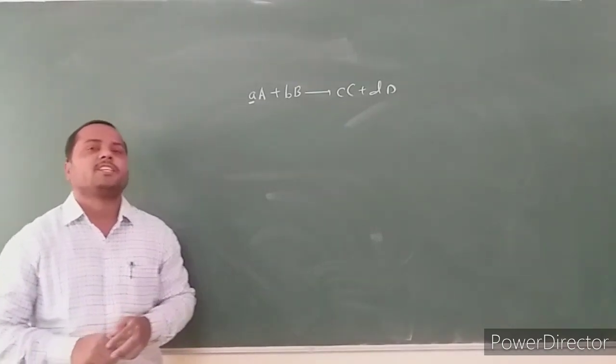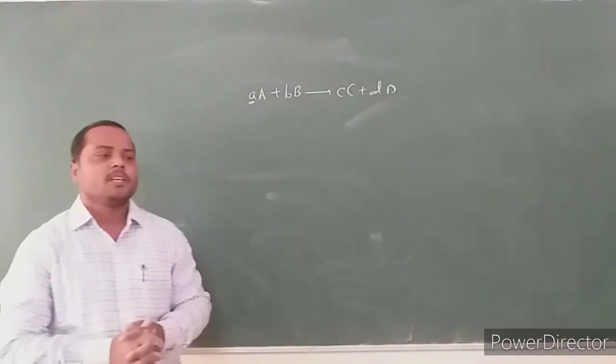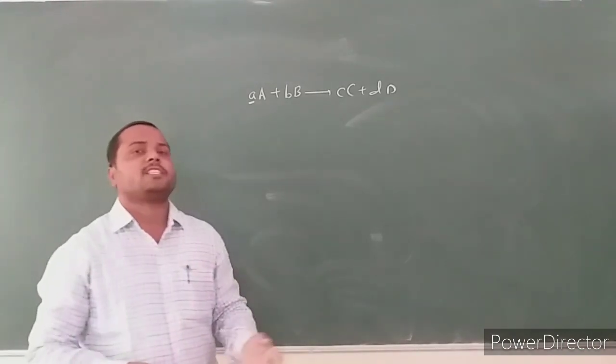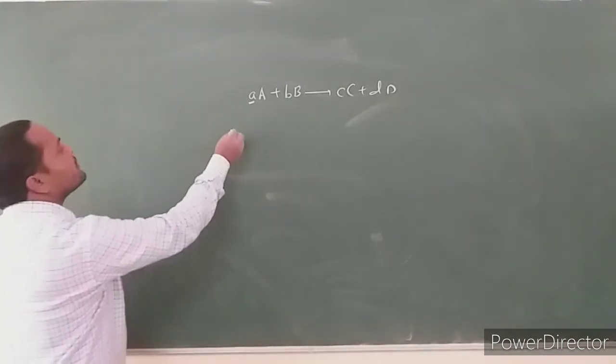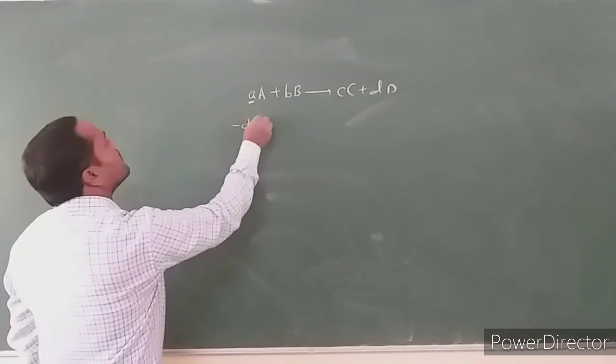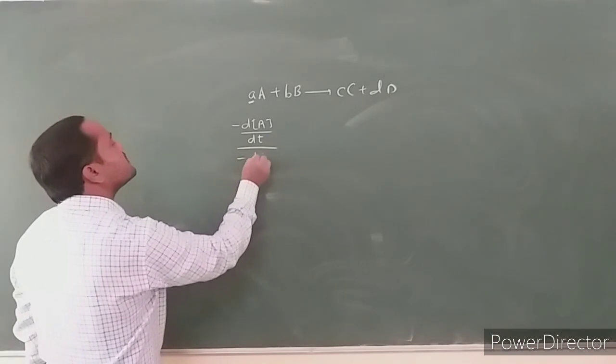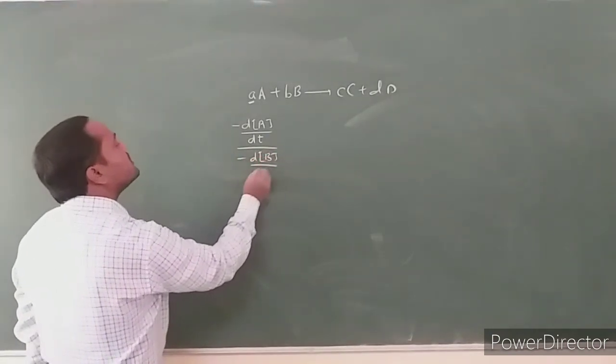Generally, the rate of reaction at time t, the rate at which consumption of reactants occurs, is represented by minus dA upon dt and minus dB upon dt.